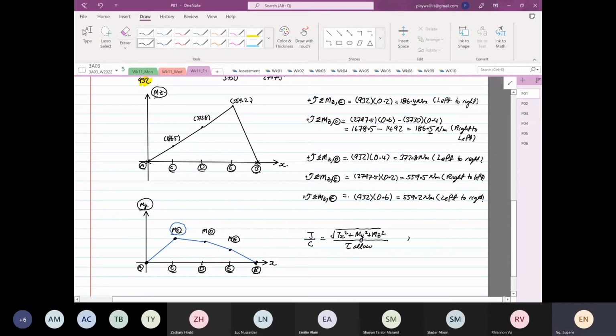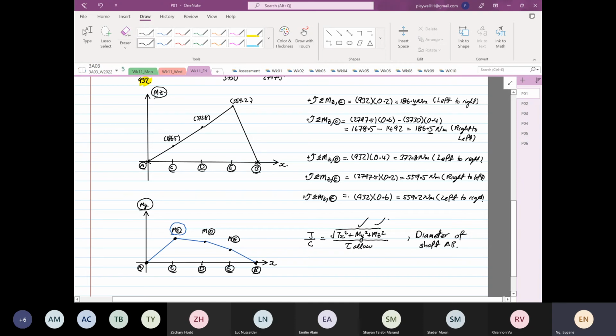So we are trying to find the diameter of shaft AB. And we are almost there. This is going to be our second hour of doing it. Okay, so we have found our My, and then likewise we have found our Mz.